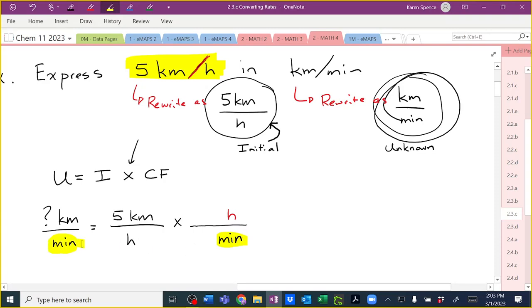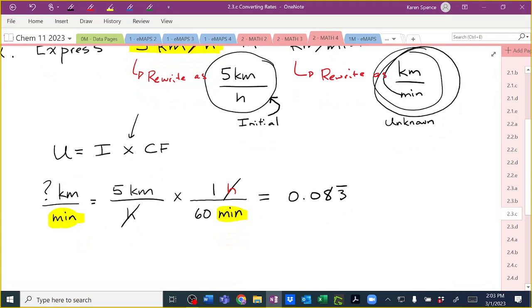I want them in the denominator, okay? So we have 1 hour for every 60 minutes. We cancel out the hours. We go 5 divided by 60 equals 0.083, repeating.